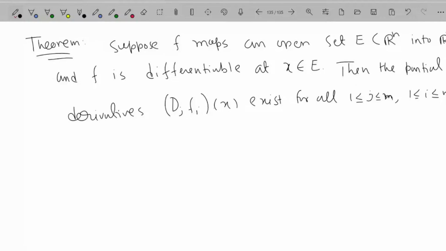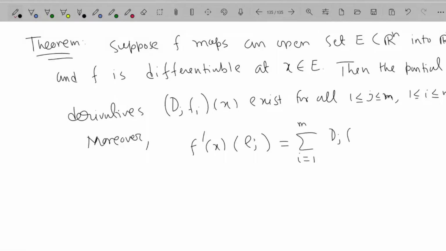Moreover, this is the formula: f dash x acting on ej, the standard vector ej, is equal to the summation from i equals 1 to m of Dj fi of x, the partial derivative at the point, times ui.